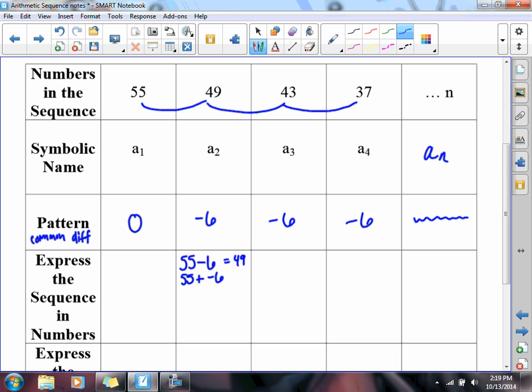But I want you to think of it in terms of this very first term. If I started at my first term and wanted to go all the way to this third term, I would have to subtract 12. I'd have to do 55 minus 12 to get 43. And remember, that's the same as 55 plus a negative 12.